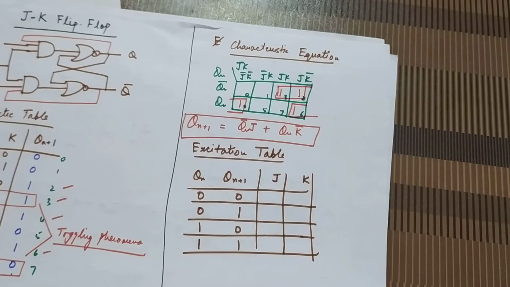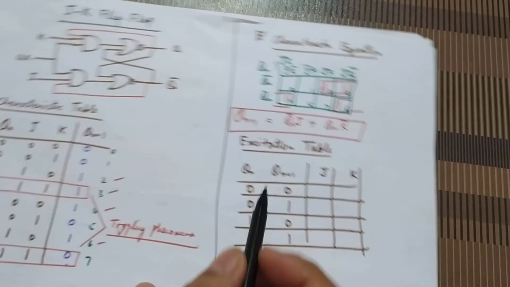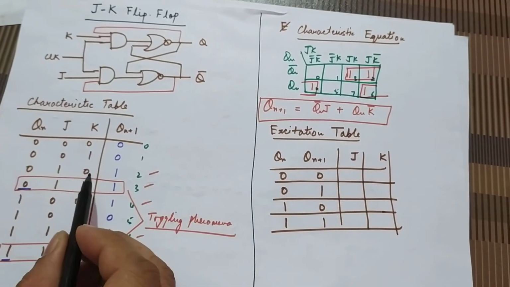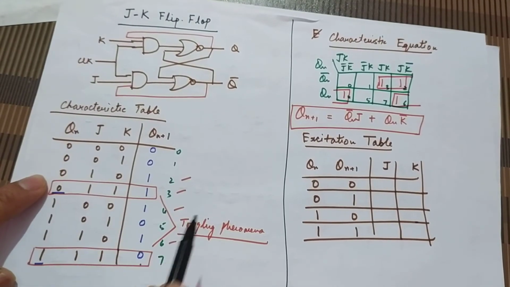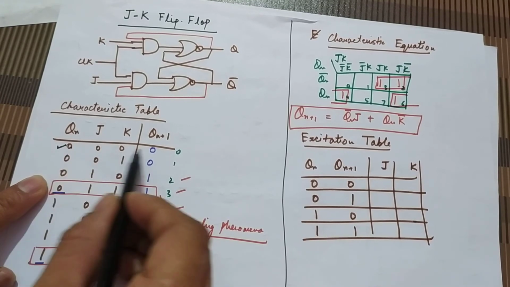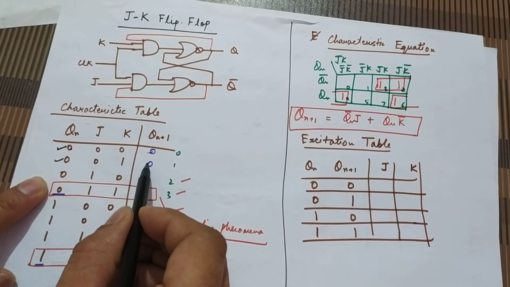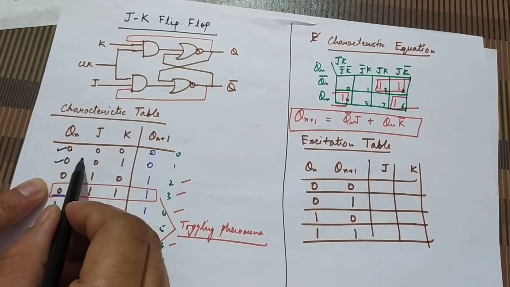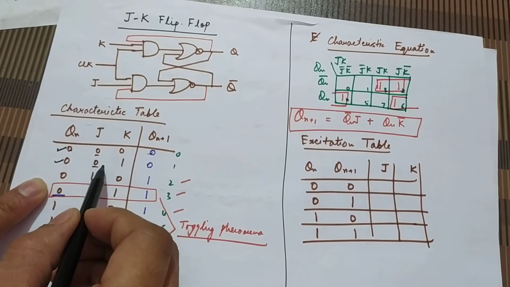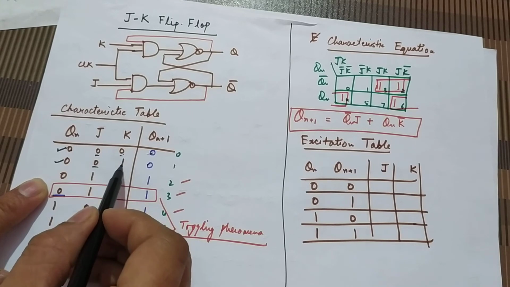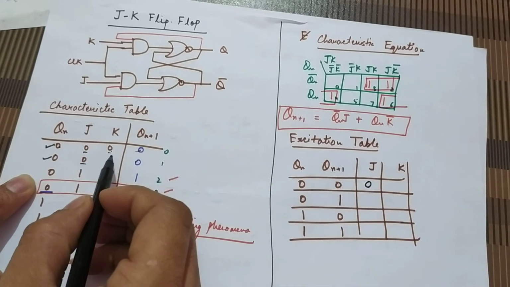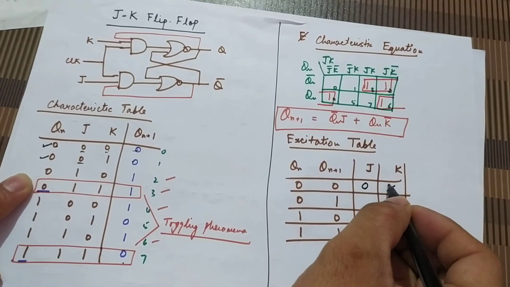Now see, we have to look for present state 0 and next state 0 in the characteristic table. Look, we have two situations, present state 0, next state 0, present state 0, next state 0. Now in these two conditions, what is the value of J and K? The value of J is the same, 0, but the value of K changes. So J remains 0, but K is changing, so we can apply don't care.